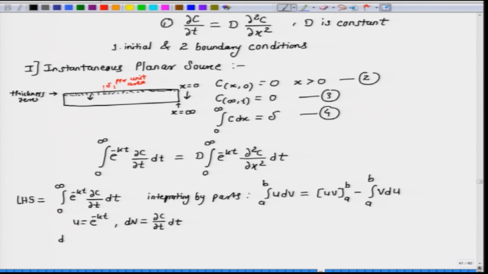and obviously my du is minus k e to power minus k t dt and v is the integral of dou c by dou t dt, which is dc. So, v is nothing but c.